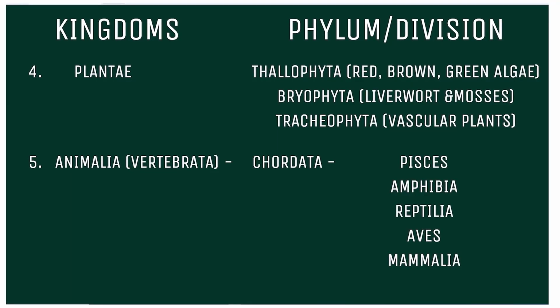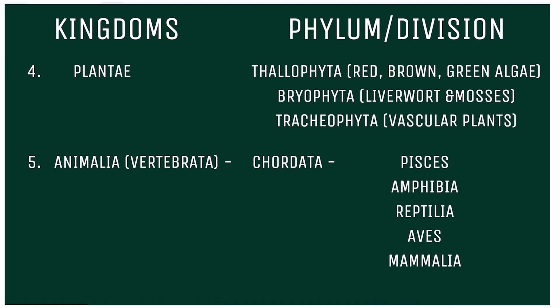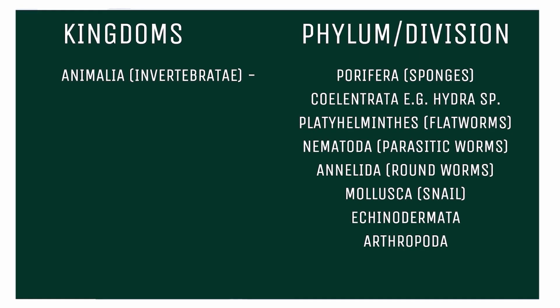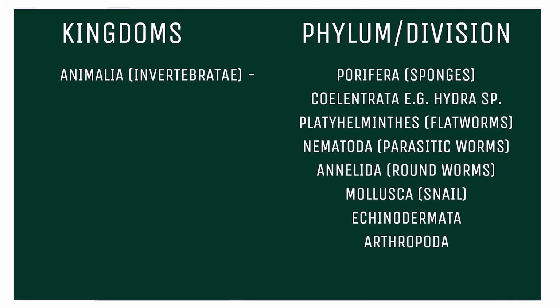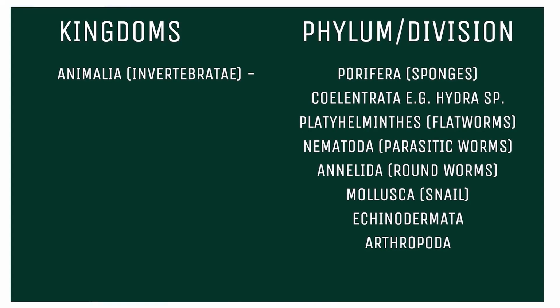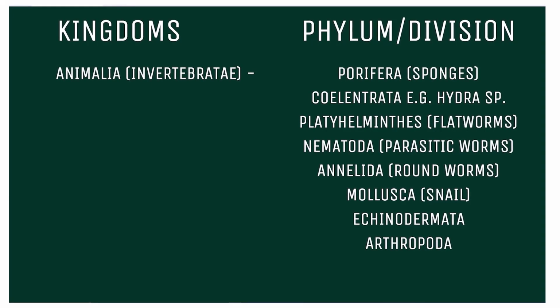The groups under Animalia vertebrates, we have Pisces, our fish, Amphibia, Reptilia, the Aves, or the birds, and the Mammalia. For invertebrates, we have a wide group of organisms. We have the Porifera, that are the sponges.